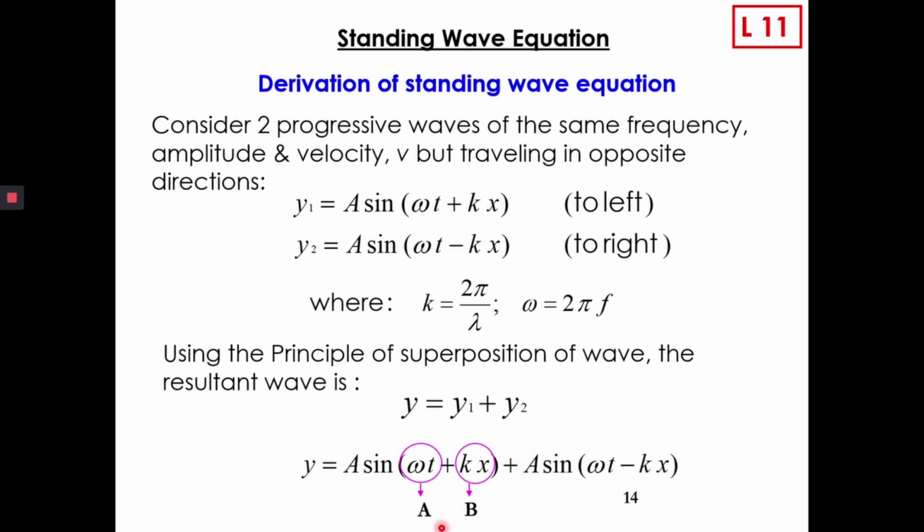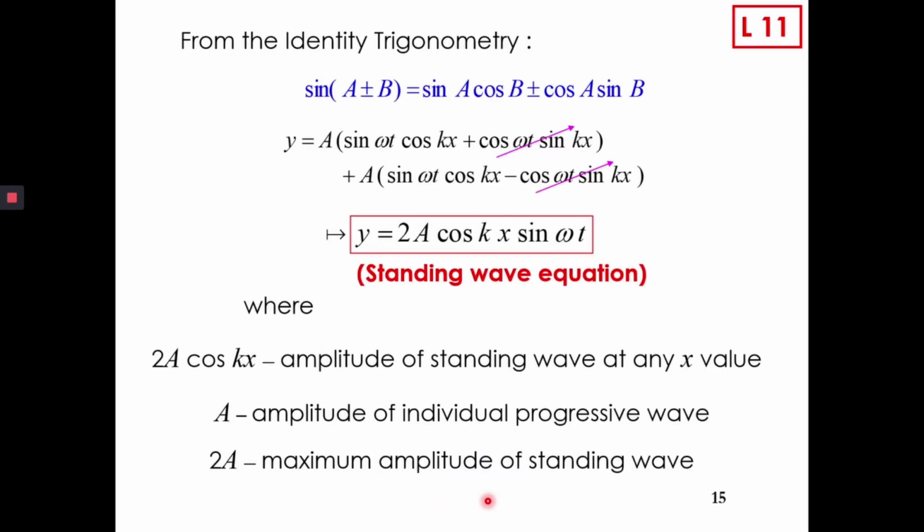Let's say in the mathematical solution, we let omega t as A, kx as B. From trigonometry, sine of A plus or minus B equals sine A cos B plus or minus cos A sine B. So when we use trigonometry to solve this equation, finally we get the equation of standing wave, which is y equals 2A cos kx sine omega t.